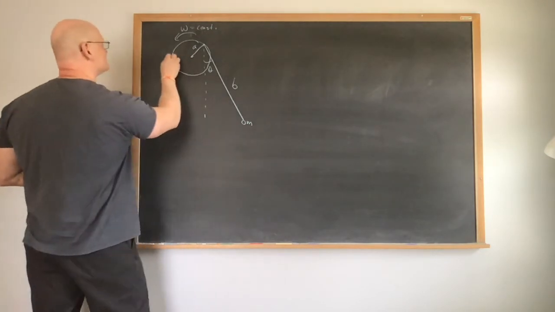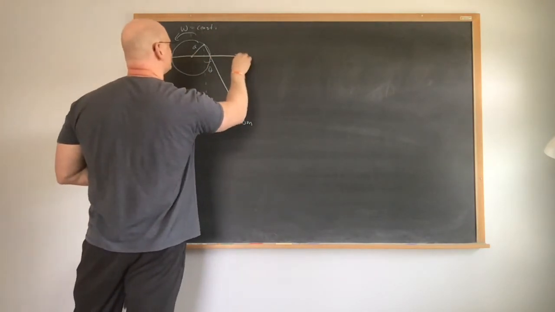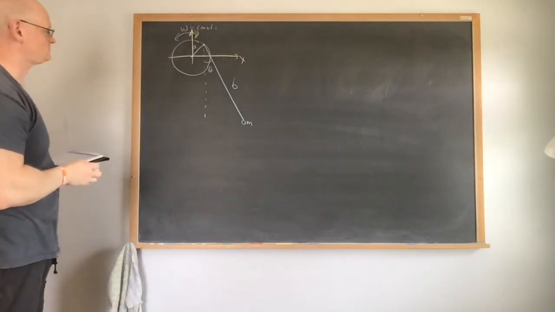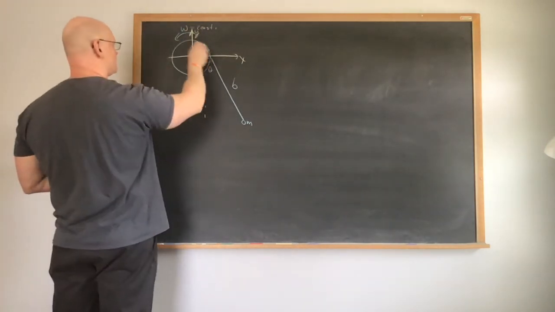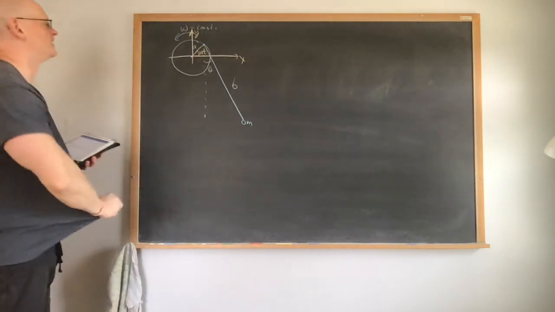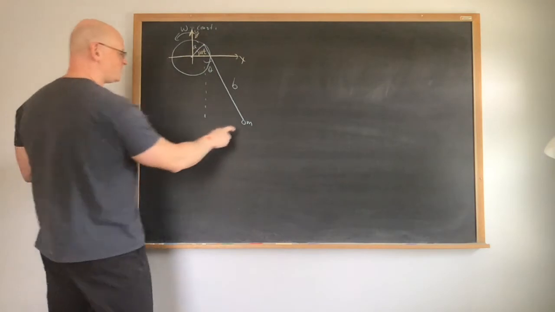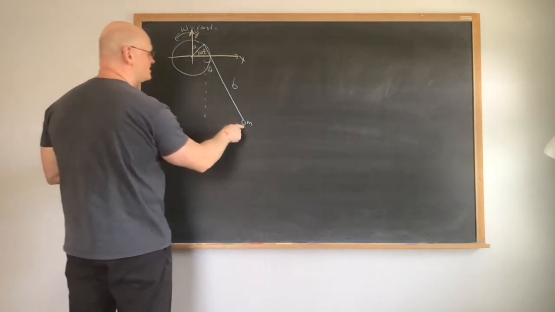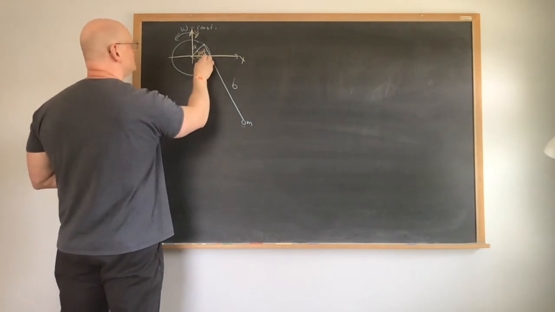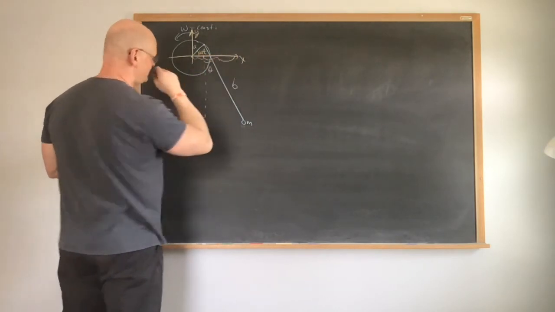Let's set up a coordinate system. Here I'm going to choose this as my x and y directions. And we know that this thing is rotating with constant angular velocity, which means that this angle here is simply going to be omega t. If I want to describe the motion of this point, in the x direction, that's going to be this distance here plus this distance here.